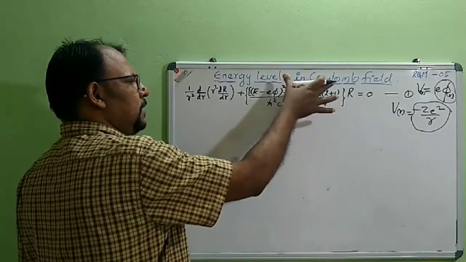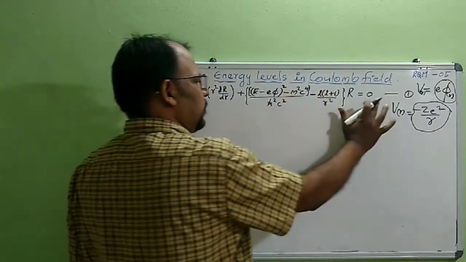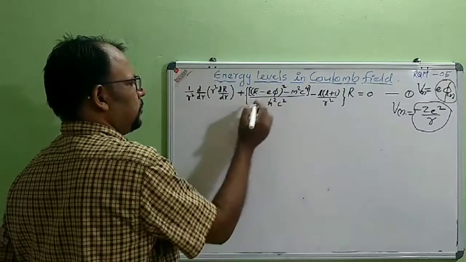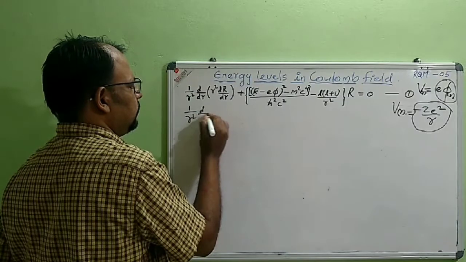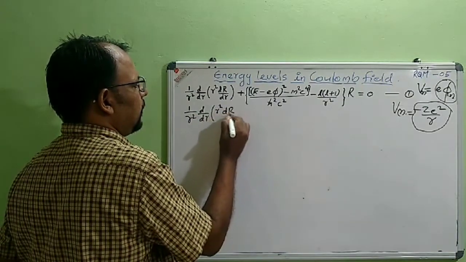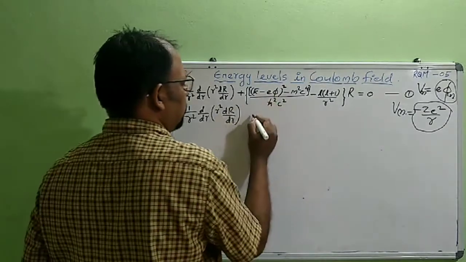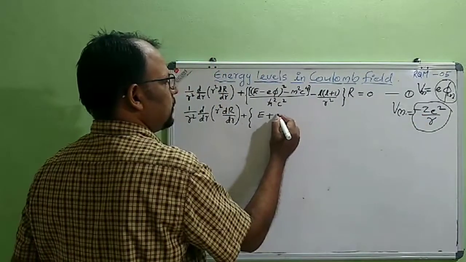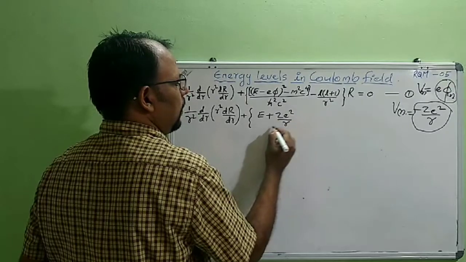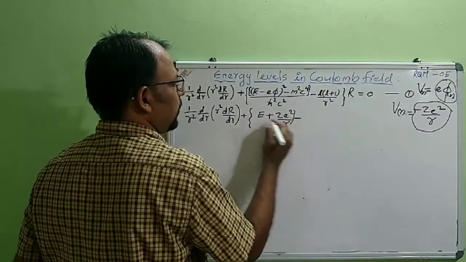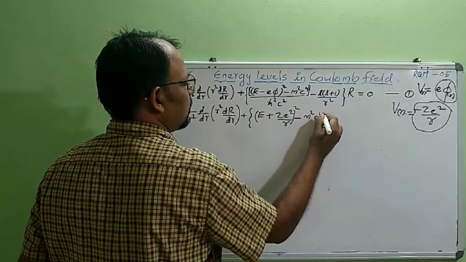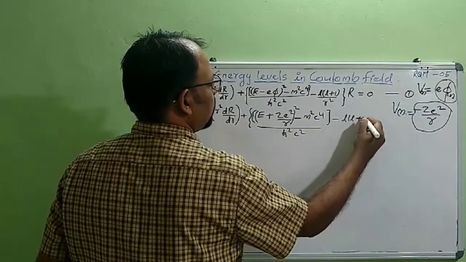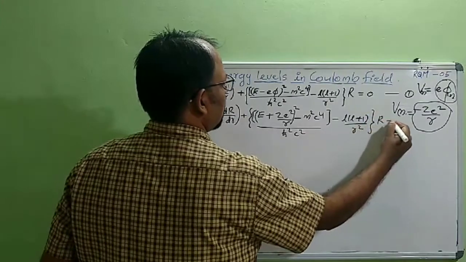So for solving the energy levels in the Coulomb field in the relativistic case, we will take equation number 1 and substitute minus Ze²/r instead of eφ. Then equation 1 can be written as 1/r² d/dr (r² dR/dr) plus [(E + Ze²/r)² − m²c⁴]/(ħ²c²) − l(l+1)/r², times R, equal to 0.